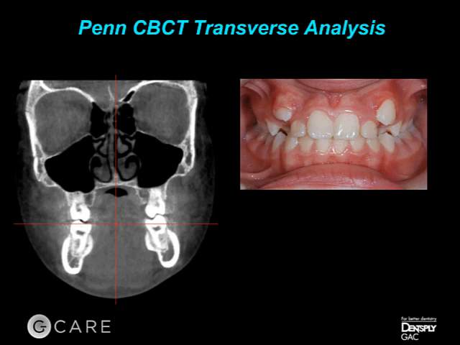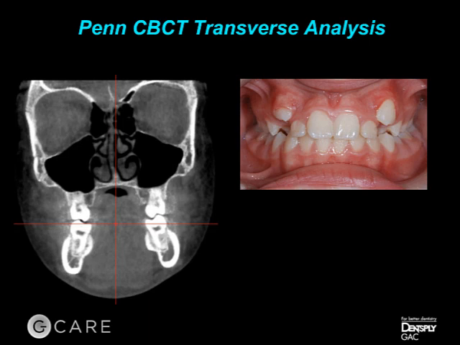Okay, so we can see on the frontal cut and we can see on the intraoral image, now we see canines that are ectopic. We see no crossbite in the posterior teeth. So, there are a lot of people that I would suspect that I have shown this case to that said, okay, well, we need to extract teeth because there's not enough room, or we need to expand the teeth to make room.